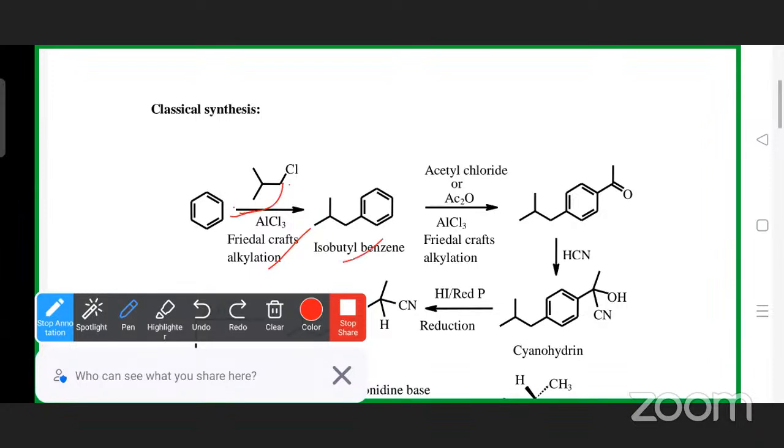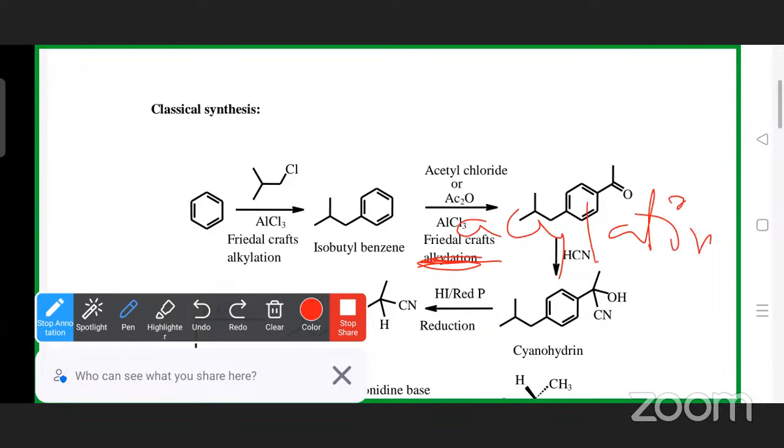Then you will get isobutylbenzene. Further, reaction with aluminum chloride is generally called a Friedel-Crafts acylation. Here it is not alkylation, here it is acylation, Friedel-Crafts acylation.